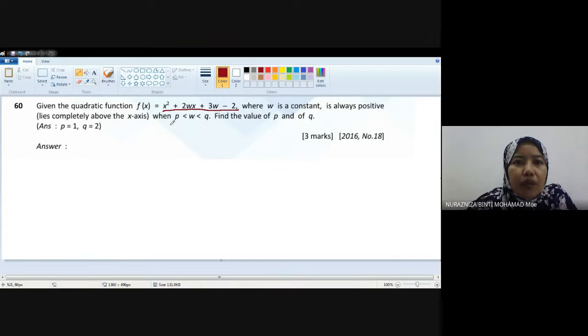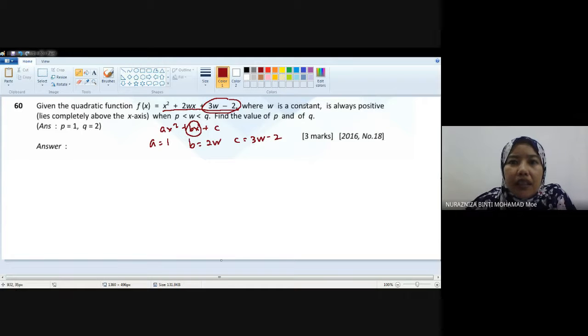If you compare with ax squared plus bx plus c, a is equal to 1. The one attached with x is b, therefore b is equal to 2w. The rest is c. c is equal to 3w minus 2.